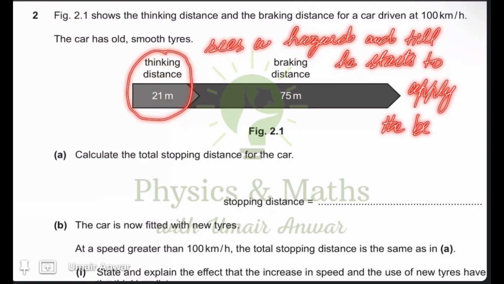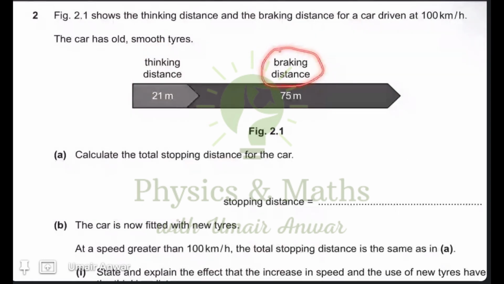So during this period, his mind would be processing and taking a decision that he has to apply a brake. So the distance covered between seeing a hazard and applying the brakes is called the thinking distance of a driver.